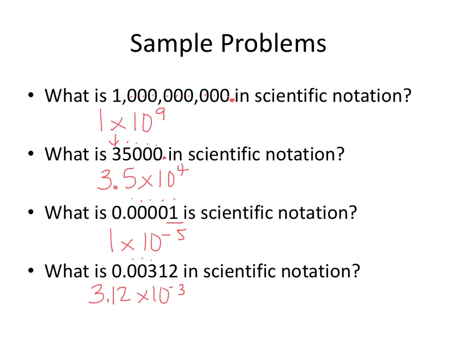And then the major difference for negative exponents or numbers less than 1 is that you do count that digit that is right in front of the decimal point. Okay, so like the 1 was counted, that's how we got to 5 spaces and -5. The 3 was counted, that's how we got to -3. Okay?